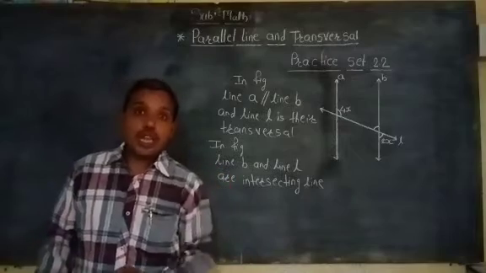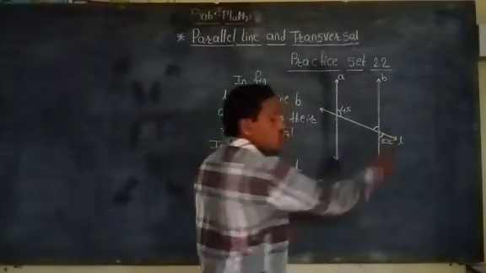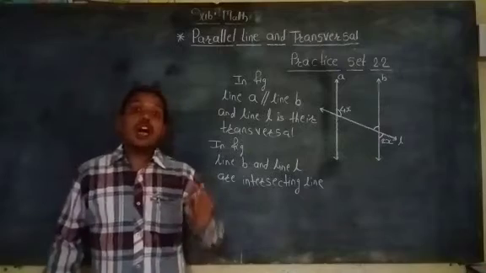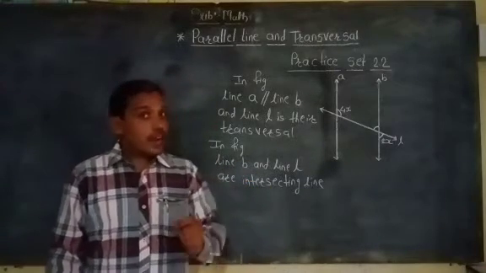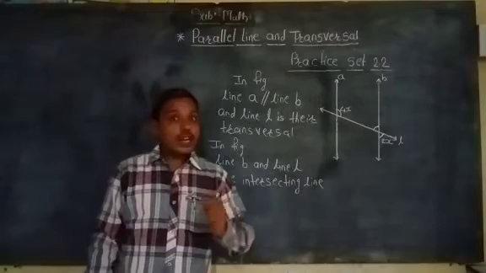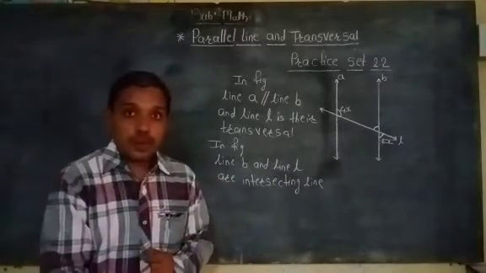Which relation do they show? This angle and that angle are vertically opposite angles, and we know that vertically opposite angles are congruent to each other.